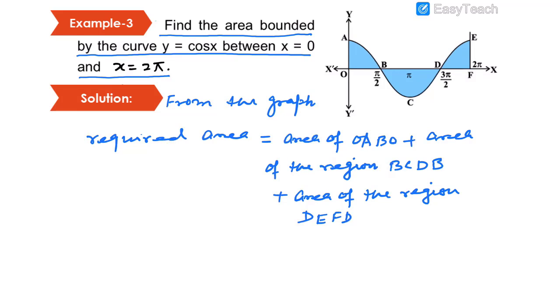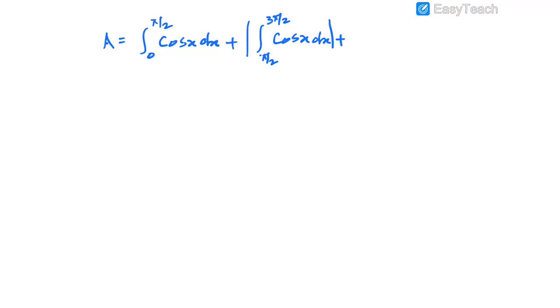This is the graph of this cos function, and therefore A is equal to the integral from 0 to pi by 2 of cos x dx plus, we take the mod function because the shaded region is below the x-axis, the integral from pi by 2 to 3 pi by 2 of cos x dx plus the integral from 3 pi by 2 to 2 pi of cos x dx.